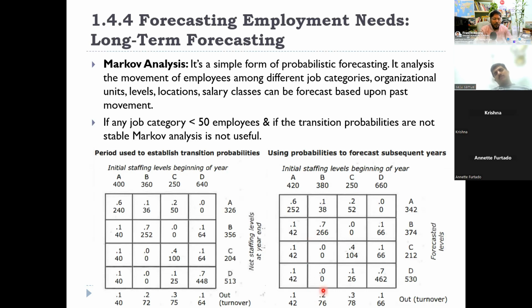So towards the end of the year you might have 342 people as the forecast level. The initial staffing level in the beginning of the year is this, and the forecast level is what the scenario will be based on the trend. Likewise we do these projections. It's helpful, right, this Markov technique? What do you think?